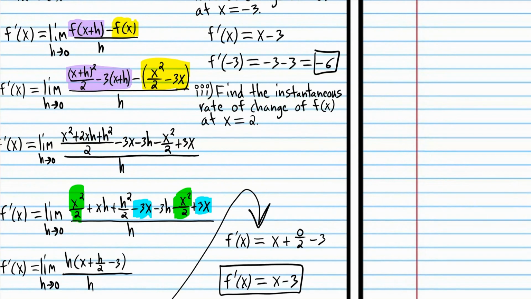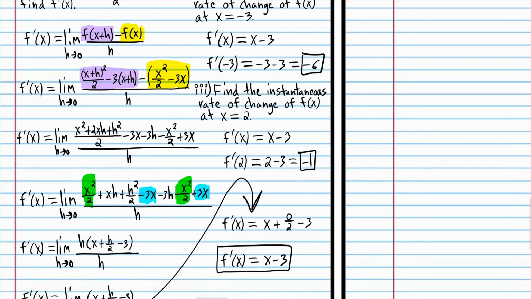So now we want to find the instantaneous rate of change of f of x when x is equal to 2. So again, let's just rewrite our derivative function, and we want to determine the instantaneous rate of change when x is equal to 2. So we get negative 1. So the function is not changing as rapidly as it is when x is equal to negative 3.